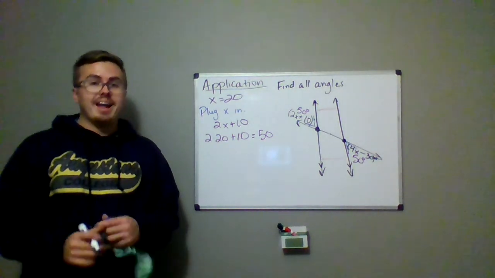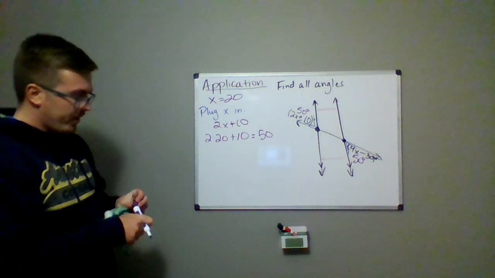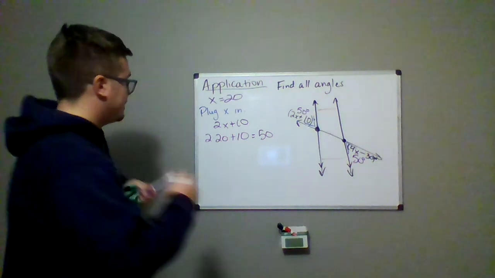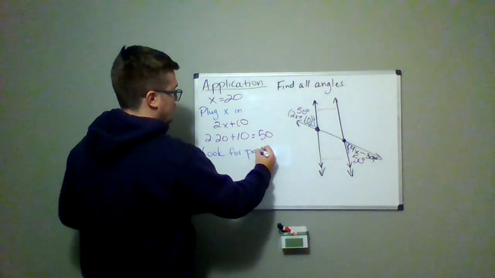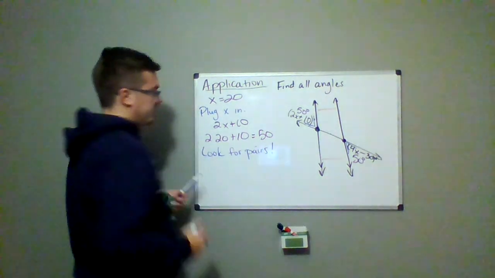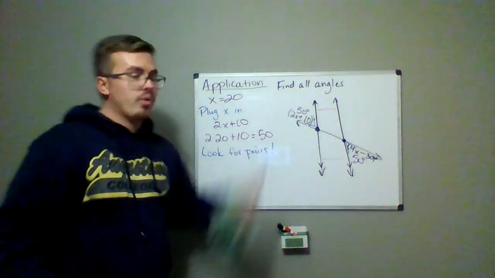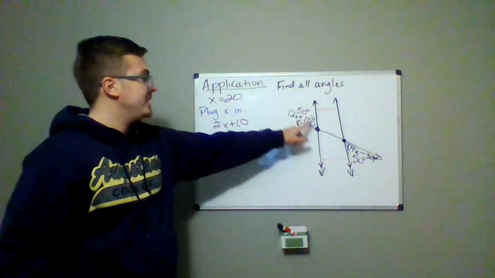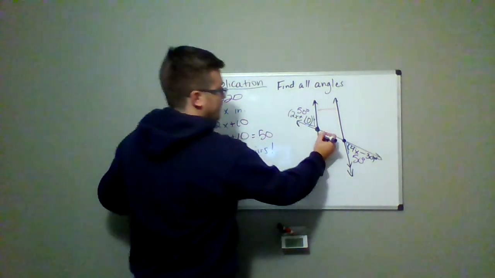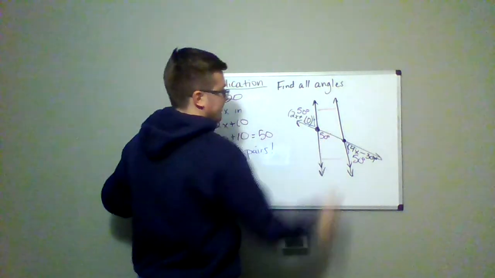Now I can go through my angle pair relationships and figure out which ones are congruent. Now I can look for pairs. So if this one's 50, okay, I'm going to go through my list here. Which one is vertical to it? Well, 50 is vertical to this one, so this one is also 50.